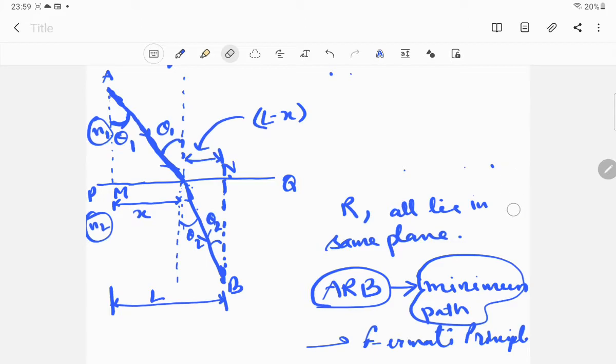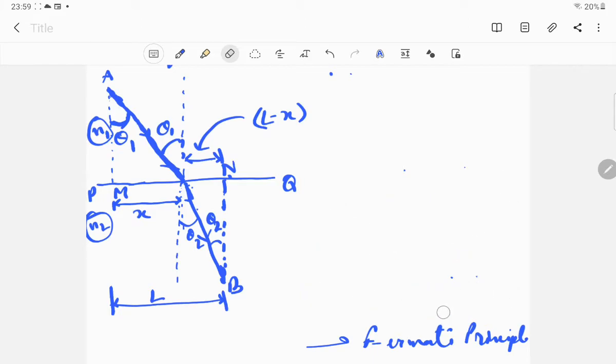So as I said, if you really want the image to be formed at the point B, and if this is a real path followed by the ray of light, then the path ARB should be the minimum one. Okay, so that's all we have. Now let us determine the optical path.